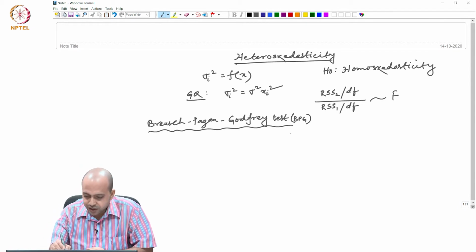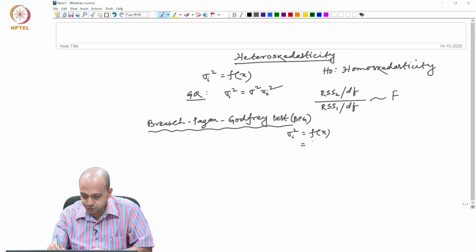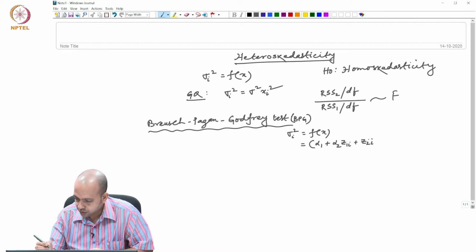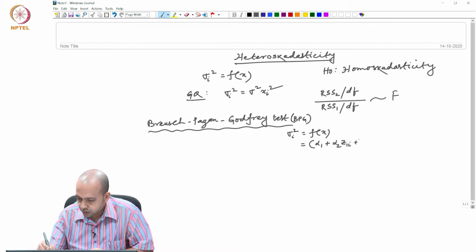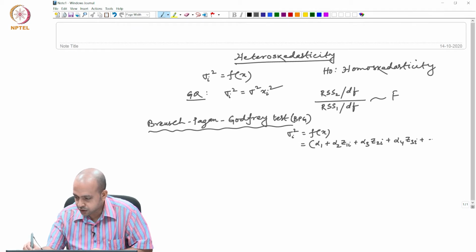Here also we assume sigma square i is a function of f(x), and the specific functional form they have assumed is sigma square i equals alpha 1 plus alpha 2 z1i plus alpha 3 z2i plus alpha 4 z3i, and so on up to alpha m zmi, plus ui.